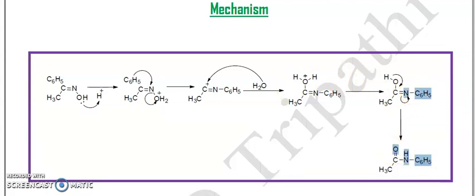So this is the well accepted mechanism of Beckmann rearrangement. So you can learn that Beckmann rearrangement starts from oxime, leads to the removal of water, migration of the migrating group, then attack of water with hydrolysis generates the amide.